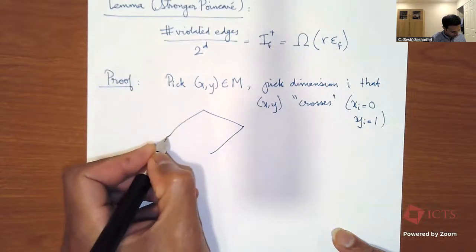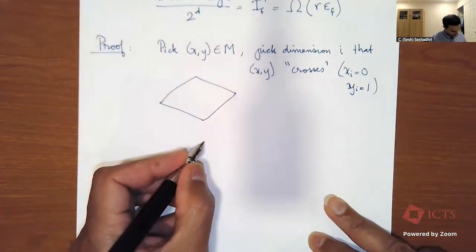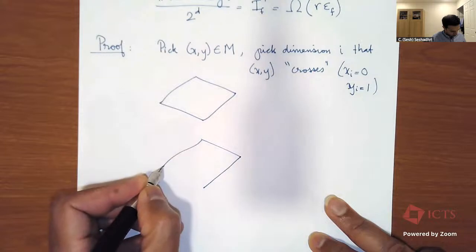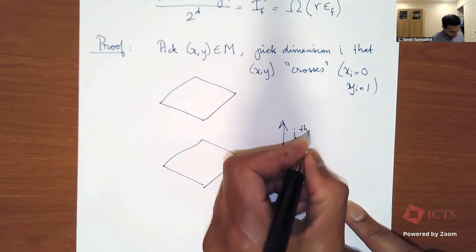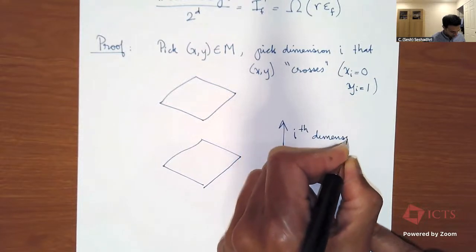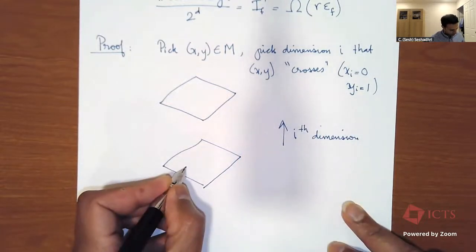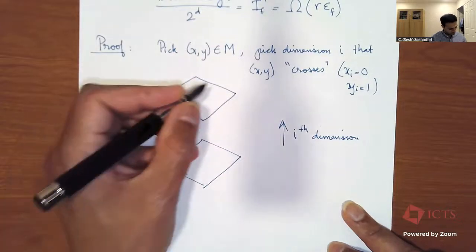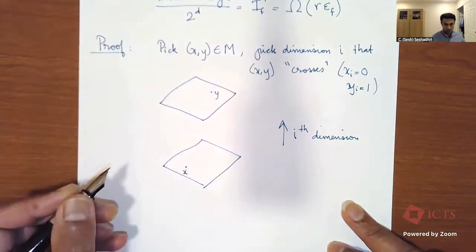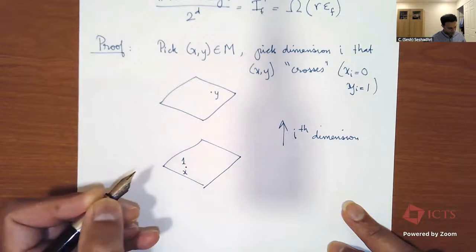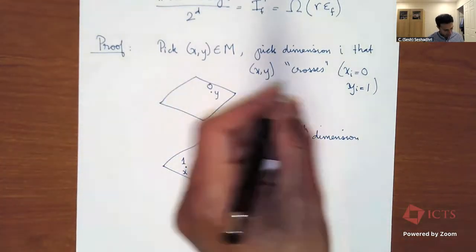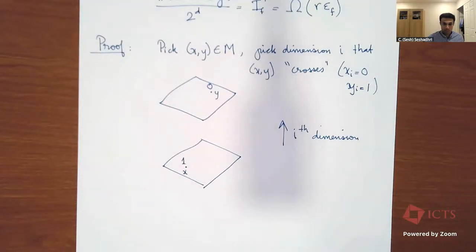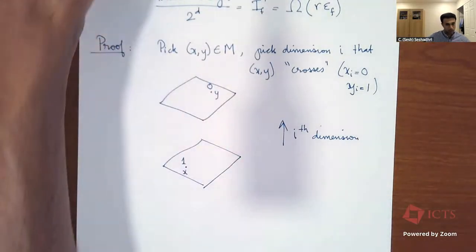Okay, and draw this out over here. So this is the ith dimension. And what you get is x is somewhere here, y is somewhere there. The value on x is 1, the value on y is 0, right? Because it's a violation. And because it's in the matching, it's a violation.